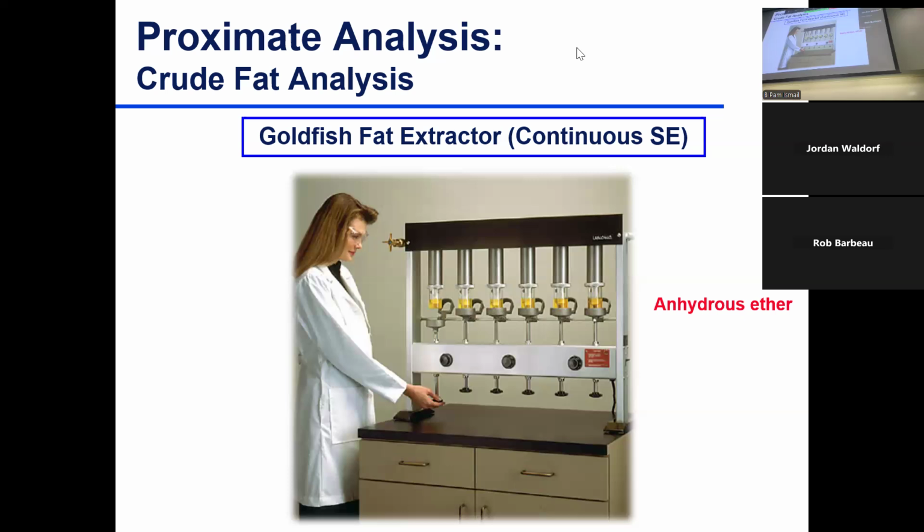You want a thimble in which you weigh your sample. And it is poured. That's your thimble. It's always good to have glass wool, right? Put it on top, so you can use glass wool too.